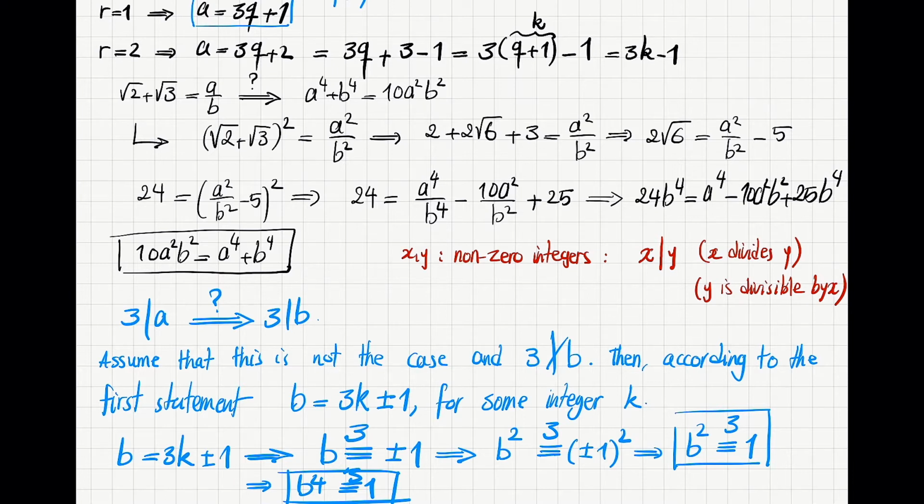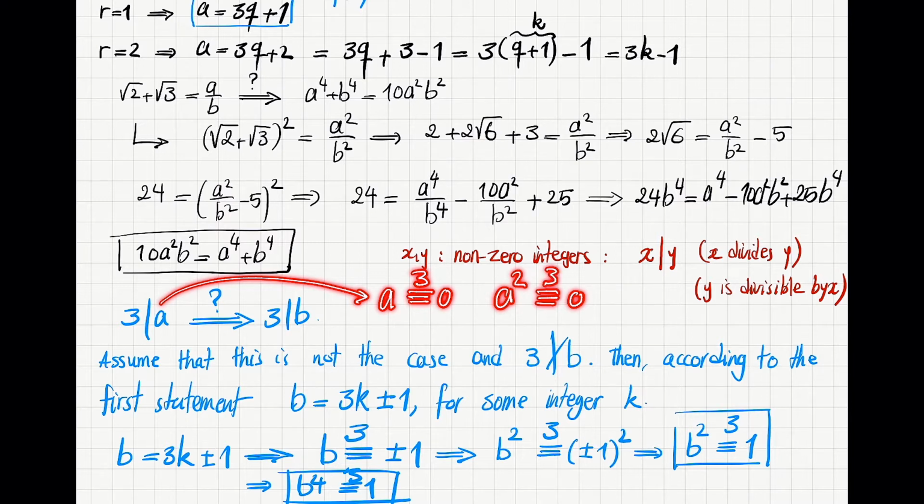Yes, okay, but we also know that 3 divides A. Yes, so when 3 divides A, what does it mean? When 3 divides A, it means that A is congruent to 0 modulo 3. So this means that A to power 2 is also congruent to 0 modulo 3.